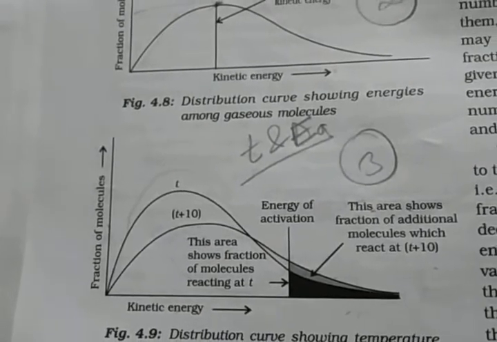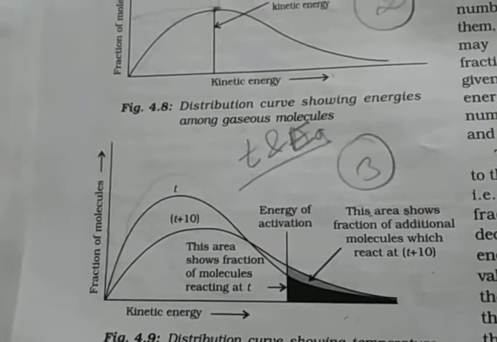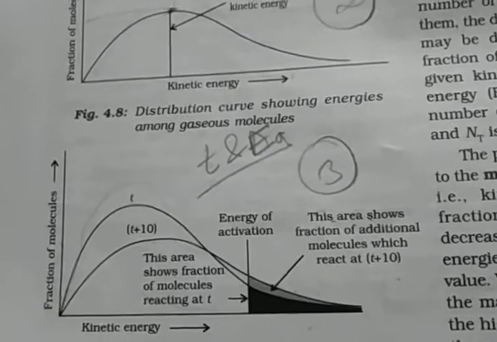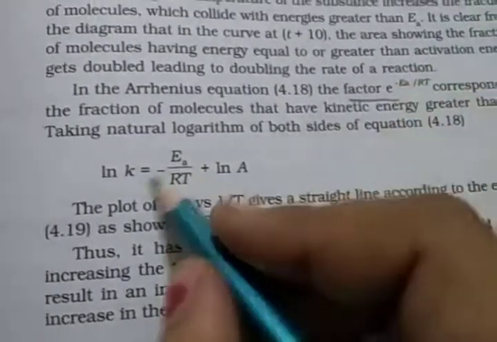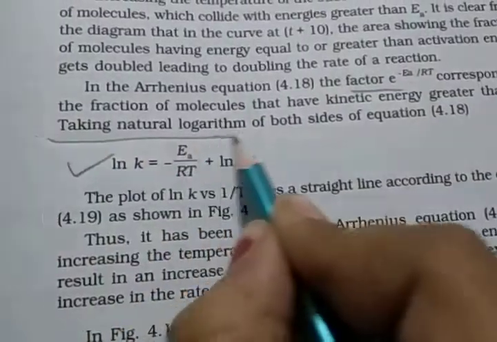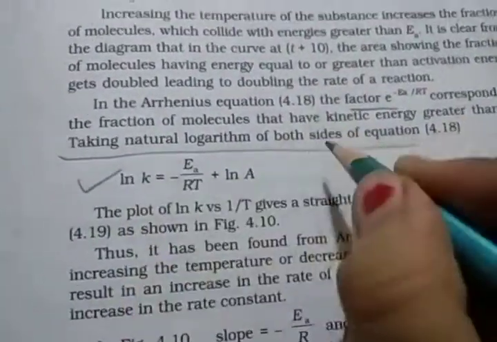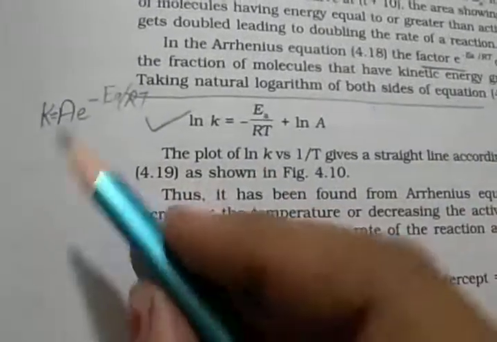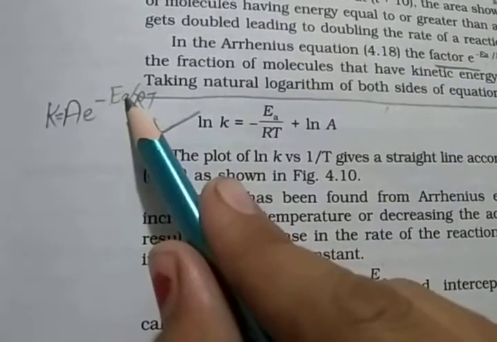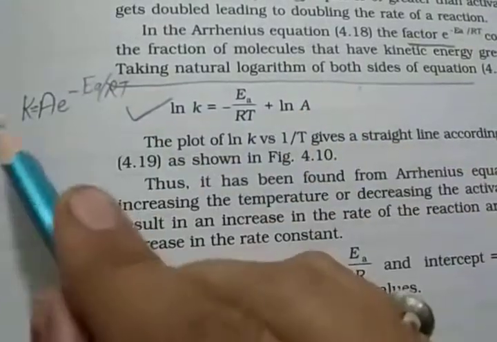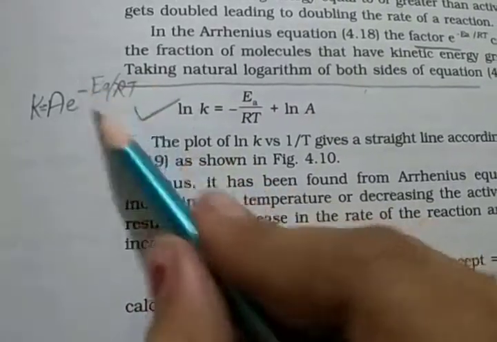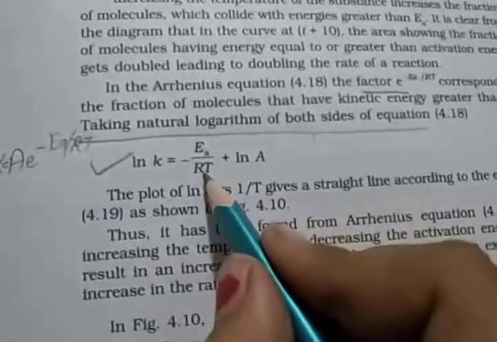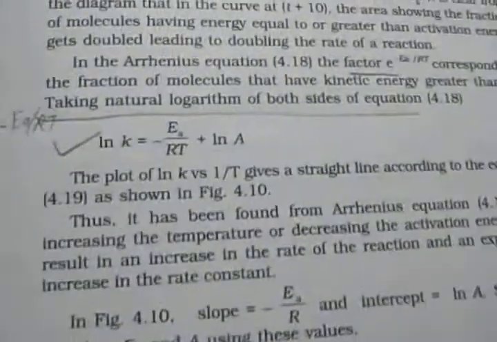The Arrhenius equation you already know: k = A e^(-Ea/RT), where the exponential factor is e^(-Ea/RT). Taking the natural logarithm of both sides of the equation, we get ln k = ln A, and the e power comes down, so minus Ea upon RT. So this is the natural logarithm form.